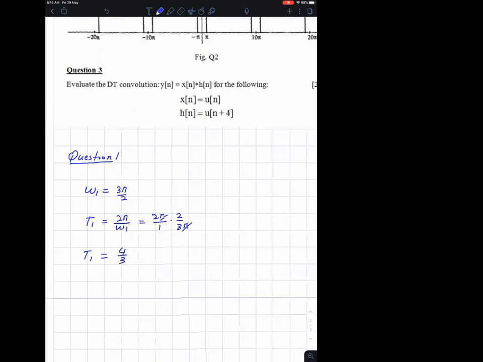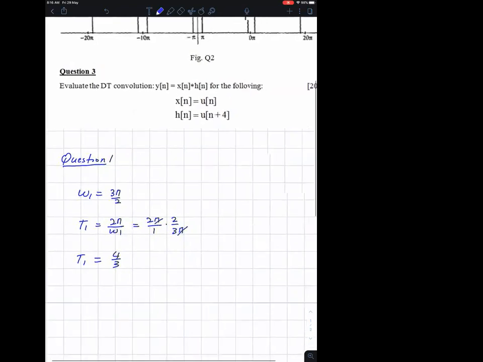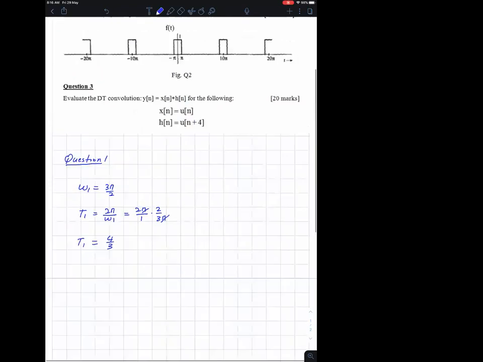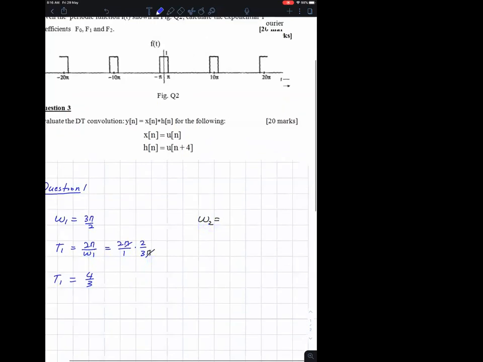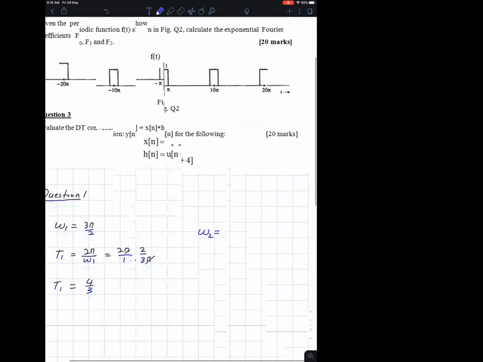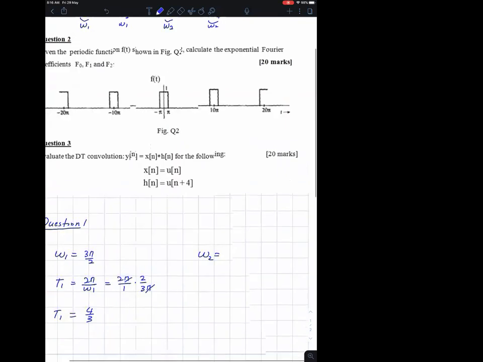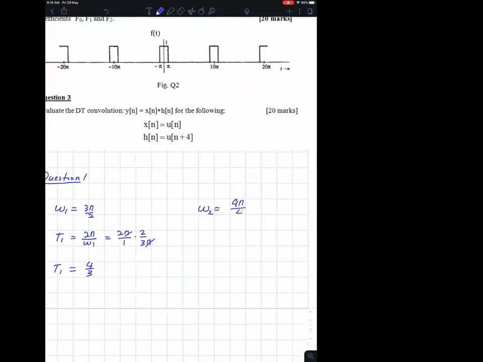So you do the same thing for the other side, for omega 2. First you have to determine how many frequencies there are, so you have to simplify before doing anything. Omega 2 is 9 pi over 4. So T2 is 2 pi over omega 2, which is 2 pi over 1 multiplied by 4 over 9 pi.